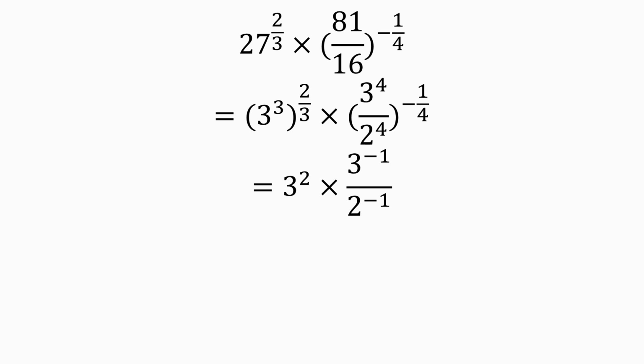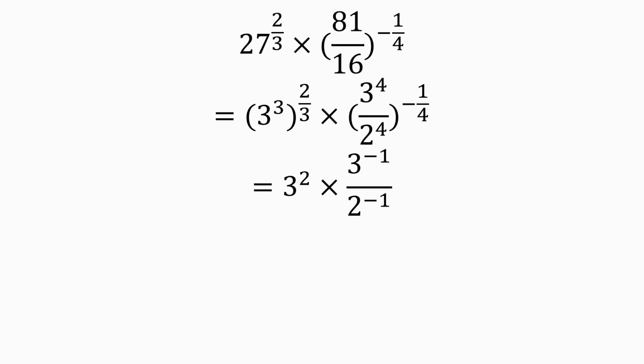numerator and the denominator. Then when you have negative 1 as the power, that is equal to its reciprocal. So in this case, we have 3 raised to power negative 1. It can be rewritten as 1 over 3. Then we have the 2 as a denominator raised to power negative 1, that is similar to 1 over 2 raised to power negative 1, and so that will give us 2 over 1.